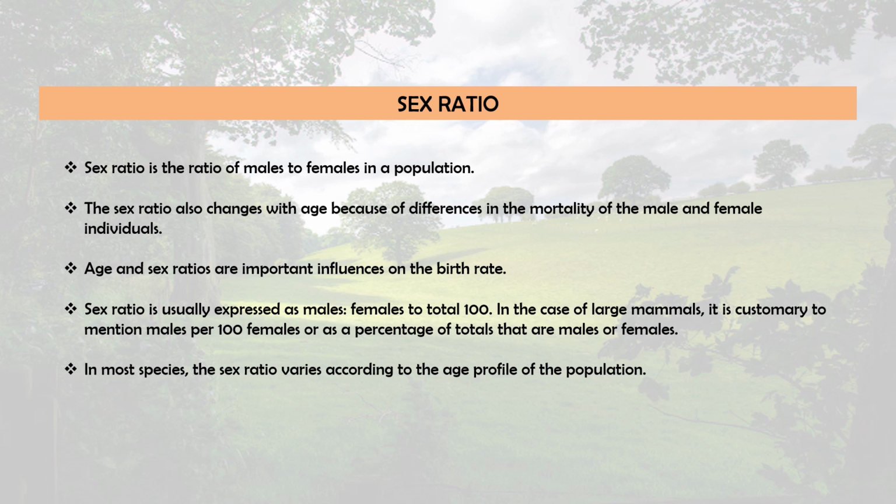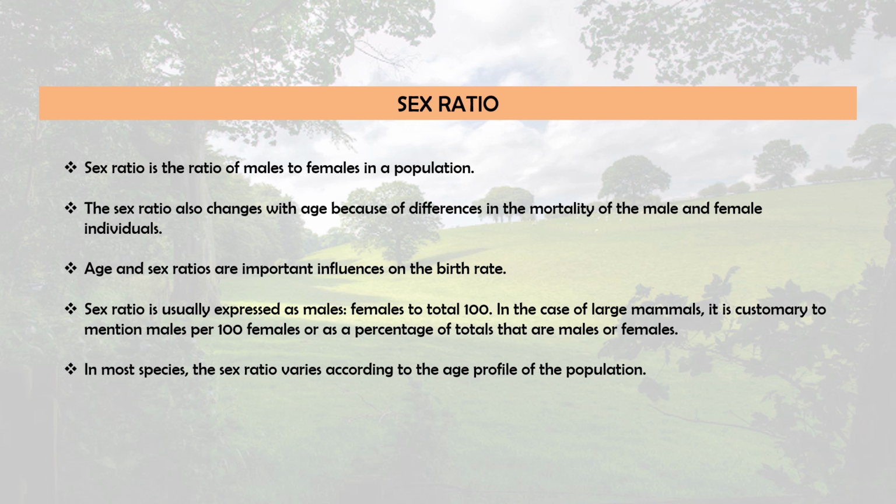For example, in social insects like honeybees, a single female is responsible for reproduction out of a large population, which is mostly neutral. And the sex ratio also changes with age because of differences in the mortality of male and female individuals.